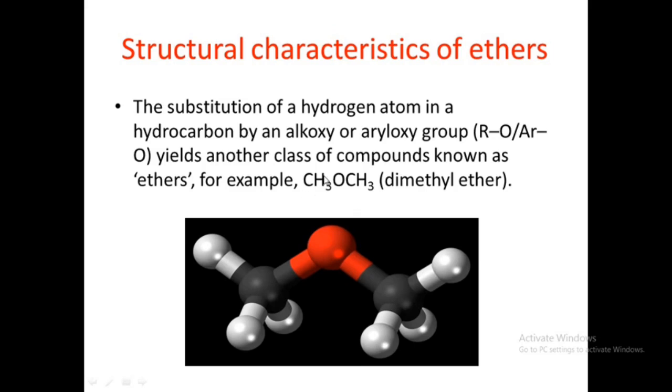But here one methyl group is present, CH3. That means one hydrogen atom of methane is replaced by the methoxy group, that means an alkoxy group. Okay. So when one hydrogen atom of a hydrocarbon is replaced by an alkoxy group, then the compound obtained is known as ether.